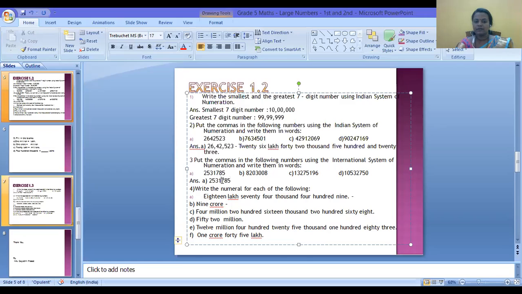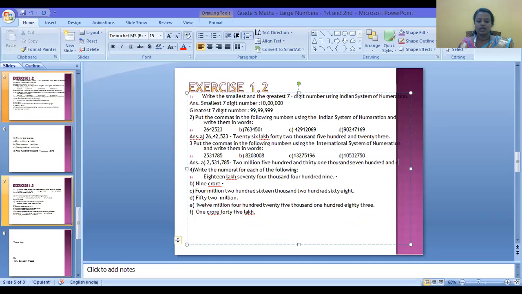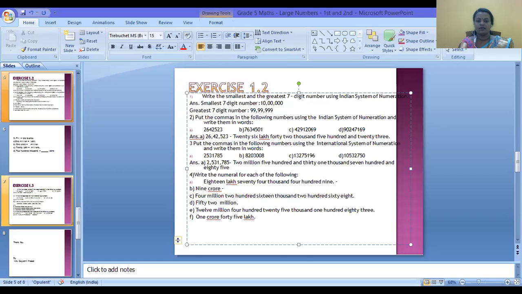I am going to first separate the commas as per the international system, so the periods they belong to, and it would be read as 2,531,000, and finally we have 785 as the ones. Similarly, try for questions B, C, and D.